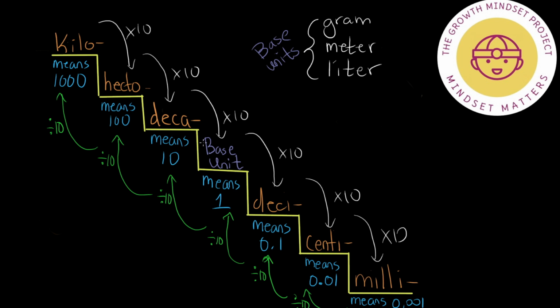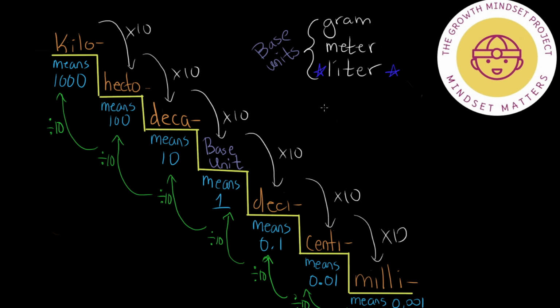So with the metric system, we start with the base unit, and there's 3 base units really that we use. We have grams, we have meters, and we have liters. And today we're going to talk about liters because I want to talk about converting between liquid measurements.